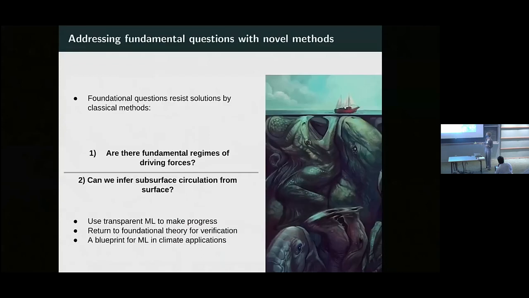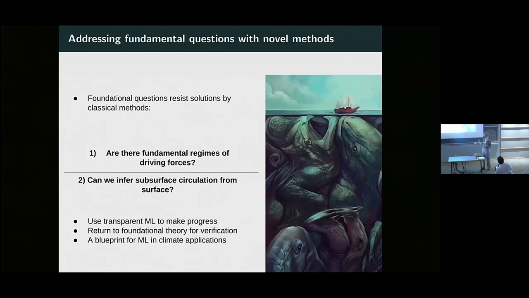So going on here, in this talk, we're going to be looking at two pretty fundamental questions. The first one being whether or not there are fundamental regimes of these driving forces. And the second one is whether or not we can infer a mapping to the depth here, the monsters in the deep being climate change, of course.